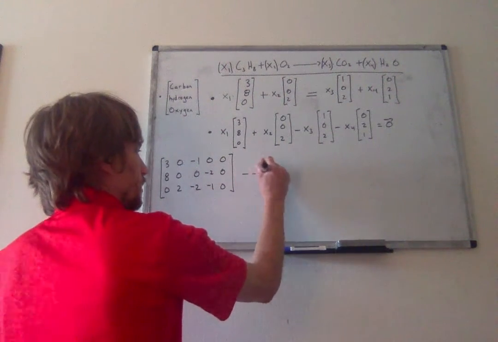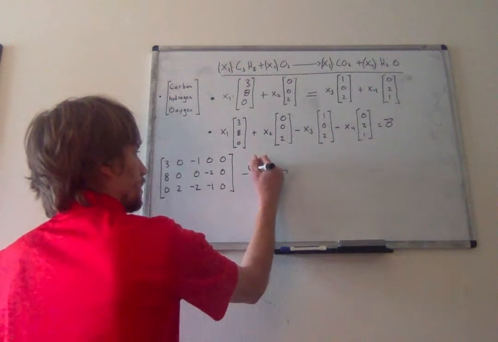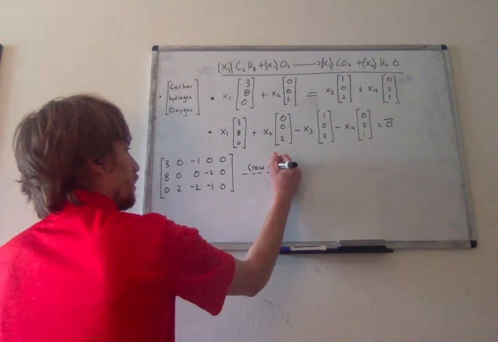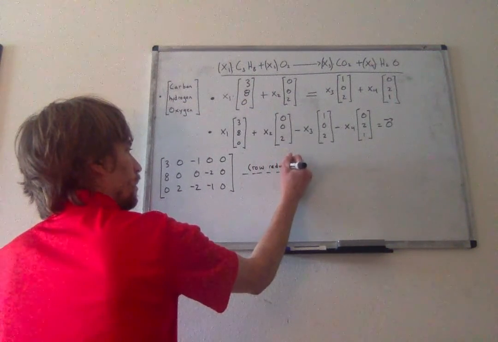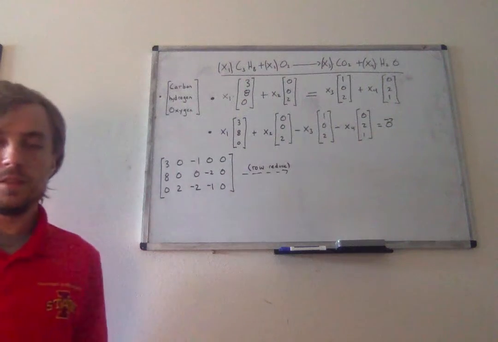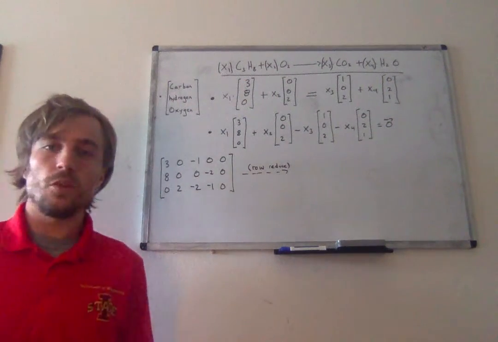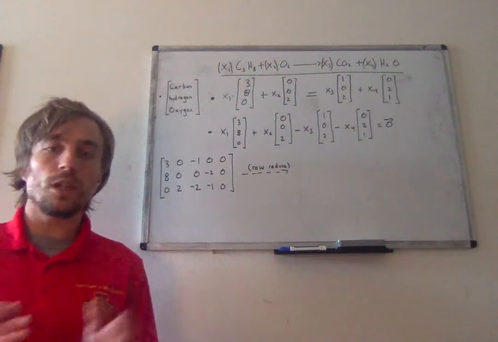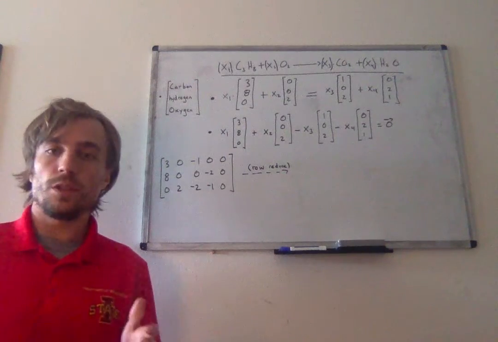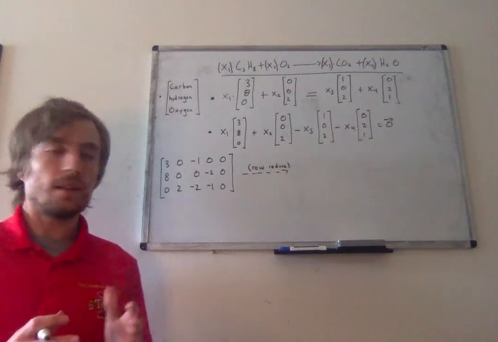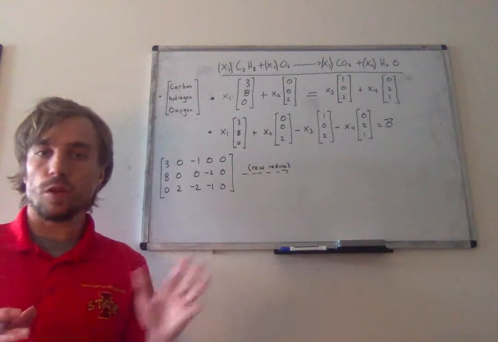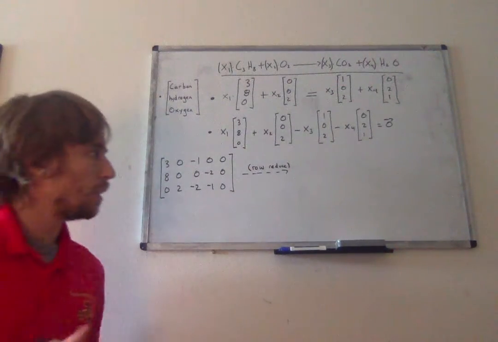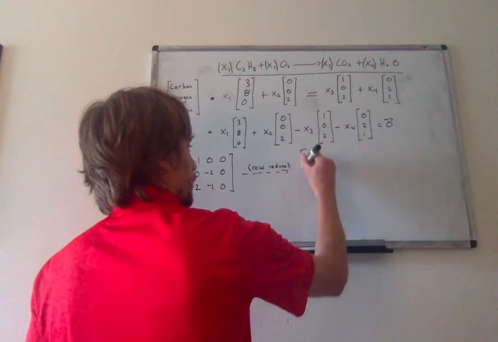And just for the sake of time, since there's a little more left to do, and I don't want to take all the fun away from you, I will leave the row reduction for the viewers at home. Certainly, if you have questions about row reducing, feel free to email me. I'm happy to send you details.